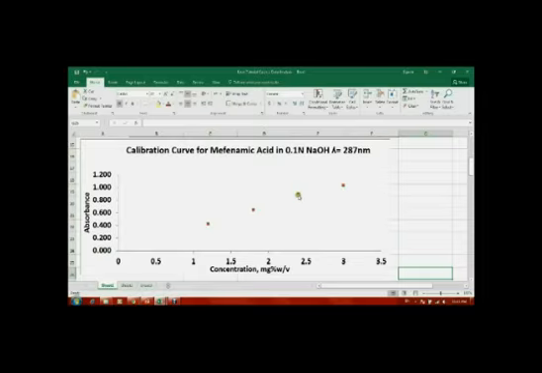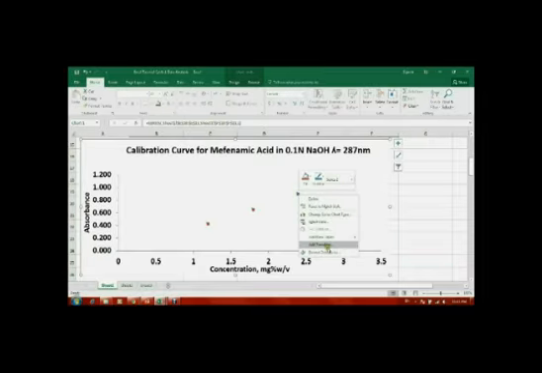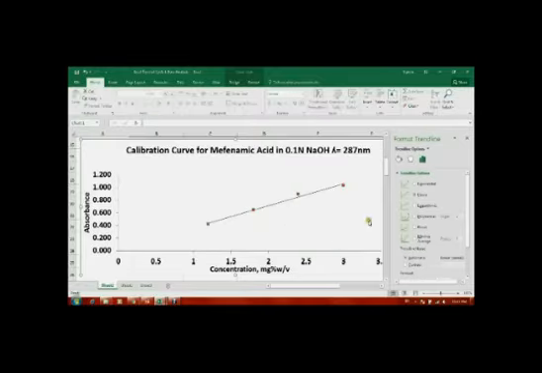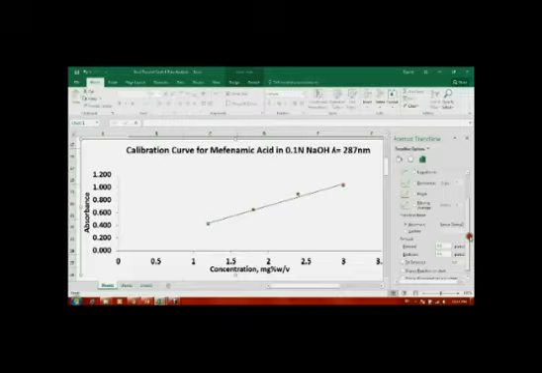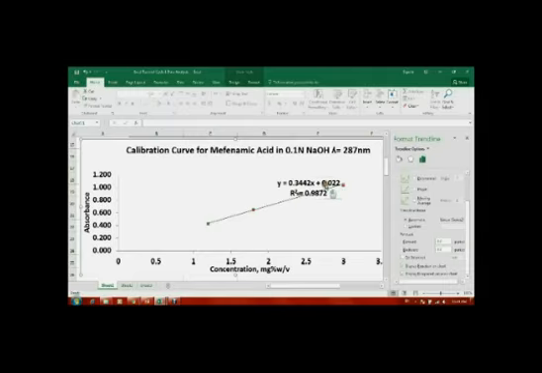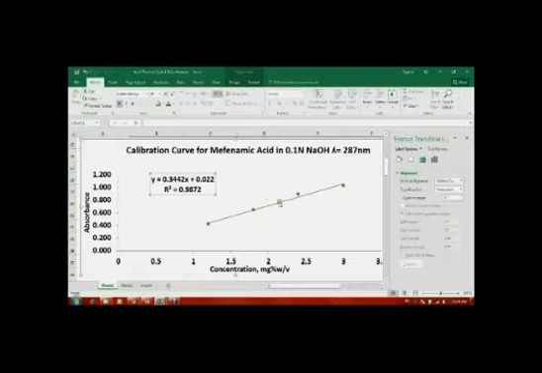Add linear trend line, display the line equation, and R square. Y will represent the absorbance and X will represent the concentration in milligram percent weight per volume.